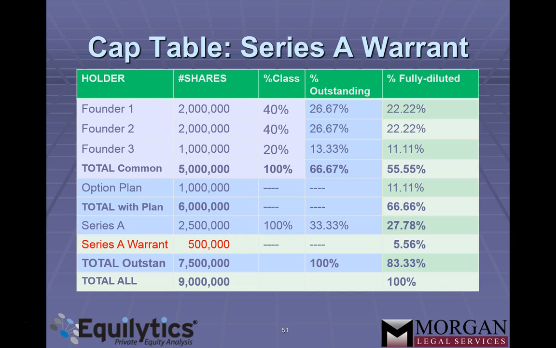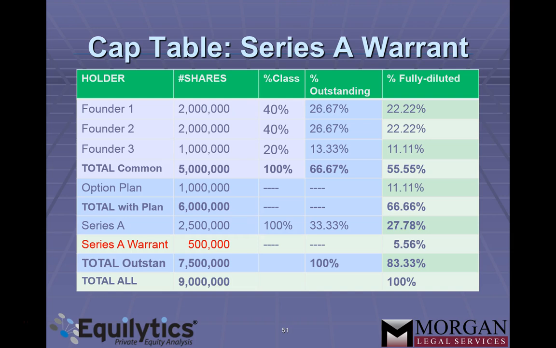The darker blue area representing what we had last time when we added in the Series A outstanding. The only thing that's been added here is a warrant, and because a warrant is a right to acquire stock in the future, it is not outstanding stock right now, so the percent outstanding has not changed, the percent class has not changed. Those are identical to what we had before.